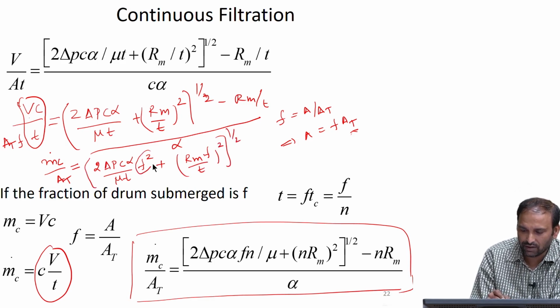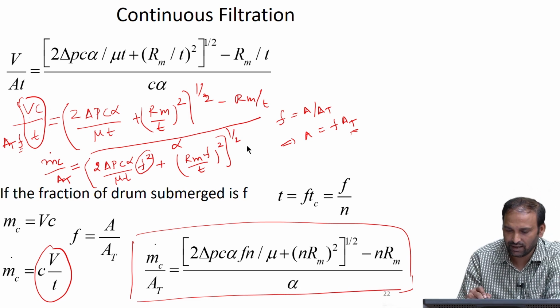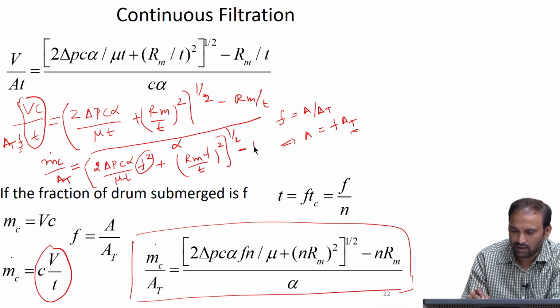Note that I have f square here, and to the power of 1.5 it basically yields me the f that I have taken to the other side, minus Rm into f by t.